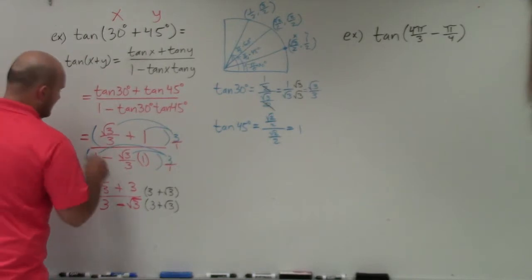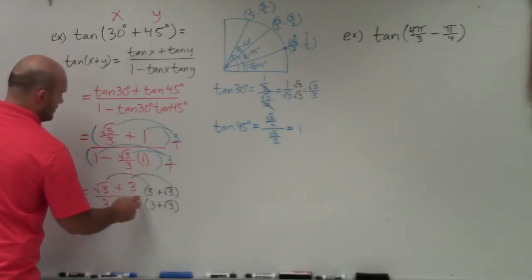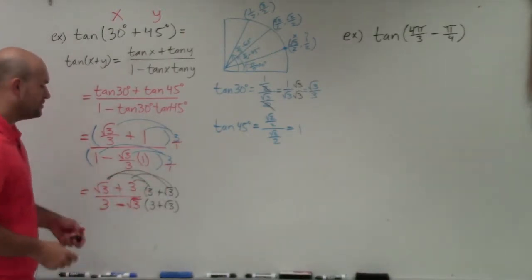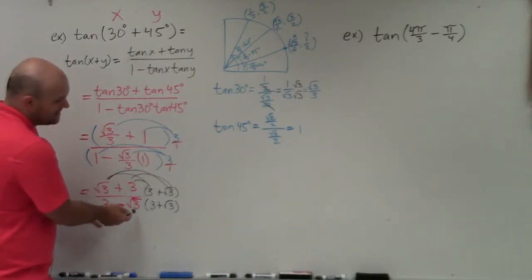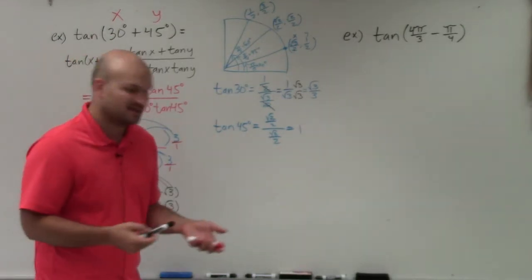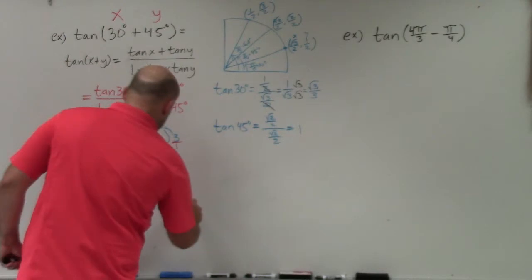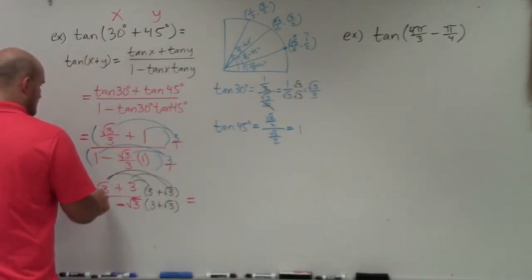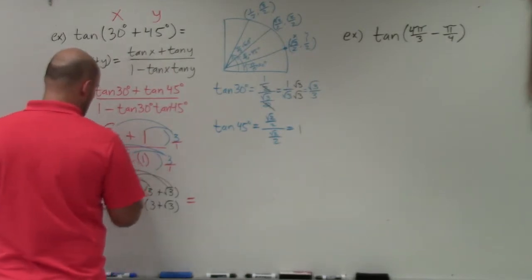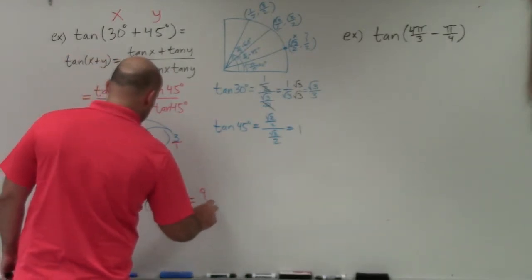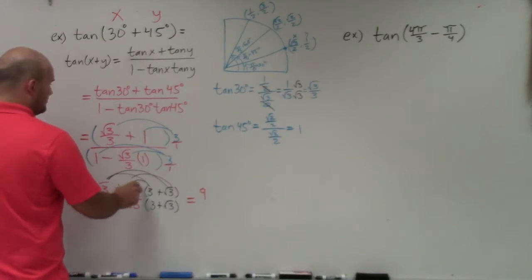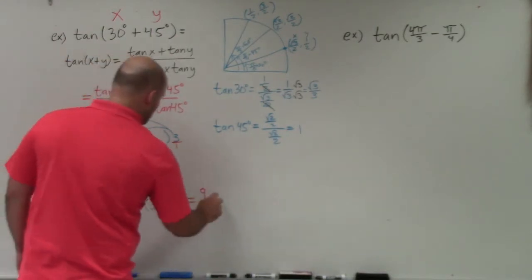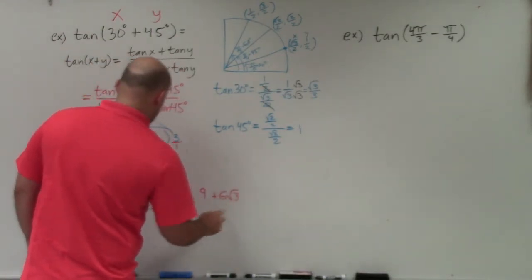Then, basically, now what I have to do is apply FOIL up top. So you go ahead and apply FOIL up top. And then the bottom, anytime you multiply a binomial by its conjugate, it's going to be like the difference of two squares. So that's going to end up giving me 3 times 3, which is 9. 3 times the square root of 3 plus 3 times the square root of 3 is going to be plus 6 square root of 3.